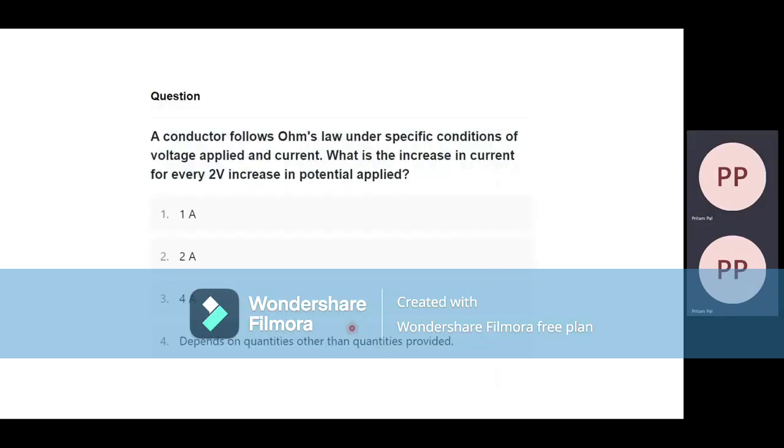Then there are a few sample questions that I've prepared.